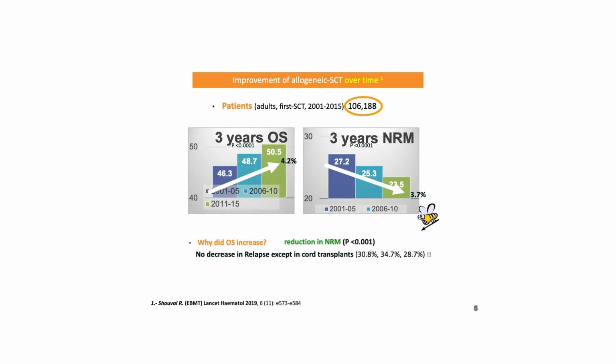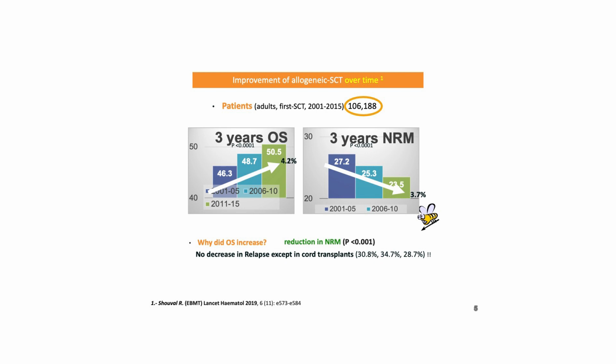So why are infectious complications important? Why are people sending so many communications to the meetings? The reason is on this slide. If you improve the management of infection, your patients will live longer.